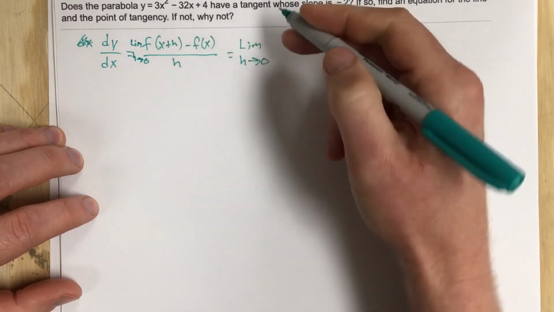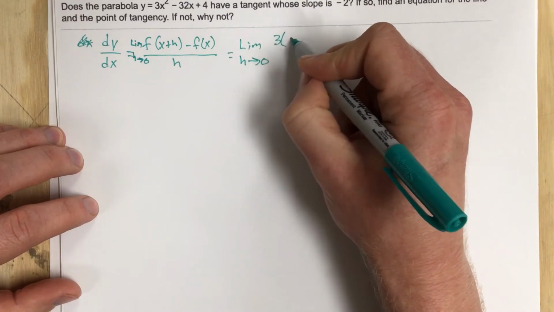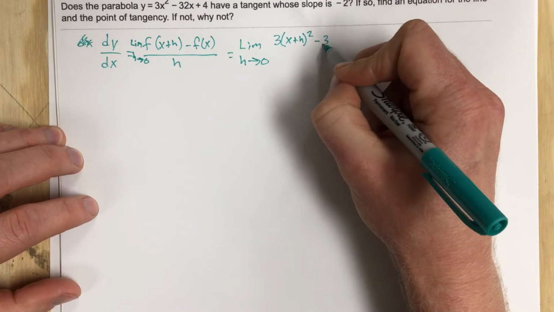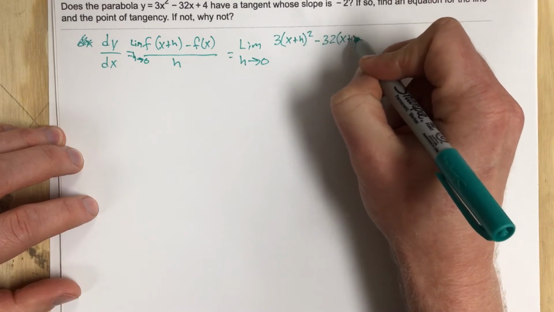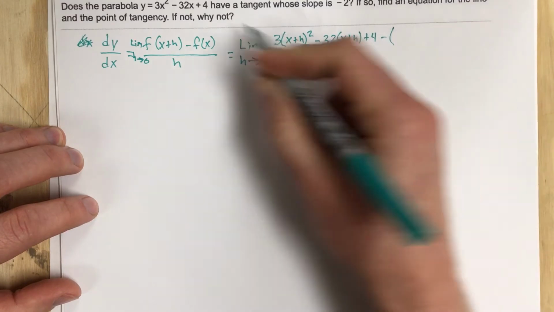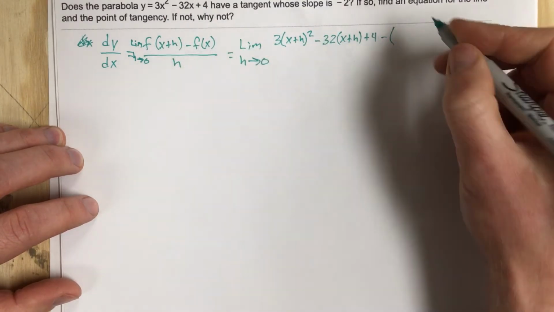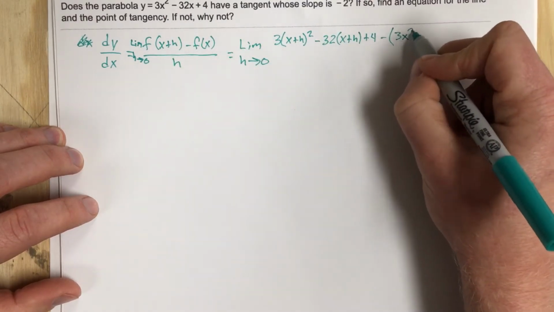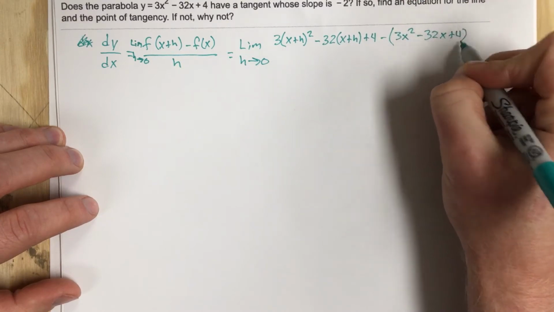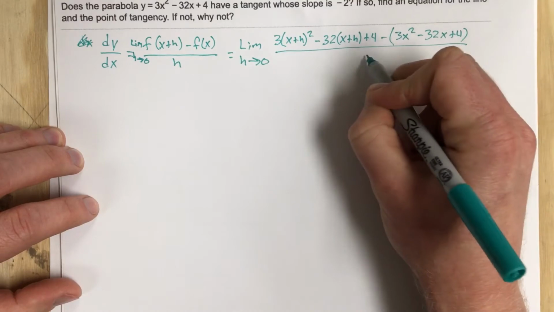Plug x plus h in. I get 3 times (x plus h) squared minus 32 times (x plus h) plus 4, minus, I subtract the function because that's the f of x part, right? 3x squared minus 32x plus 4, all over h.